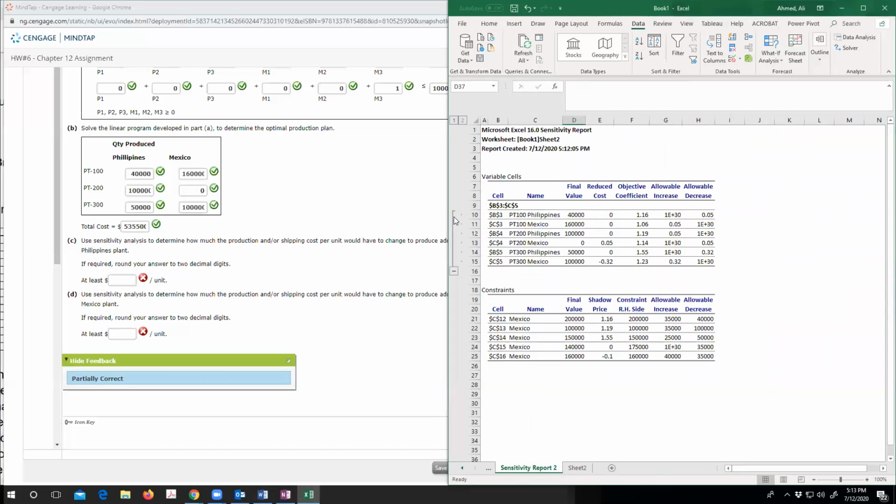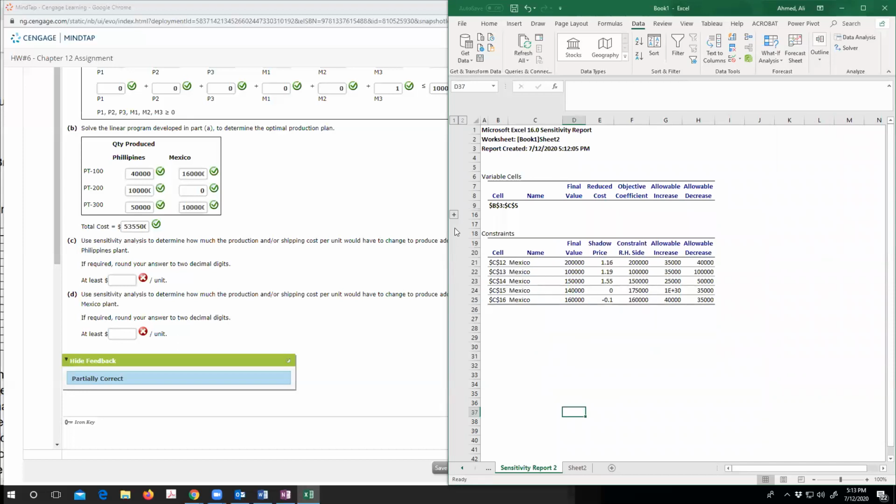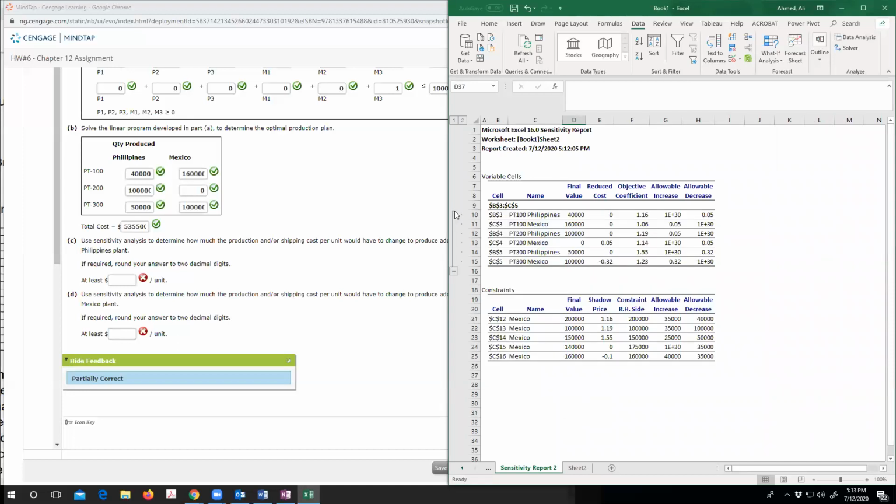Oh, it's here, hidden. All right. I was like, why is it not showing me?